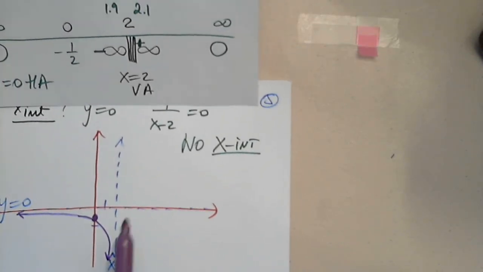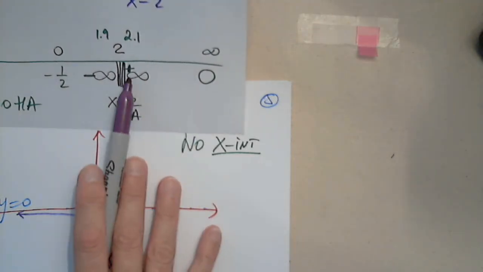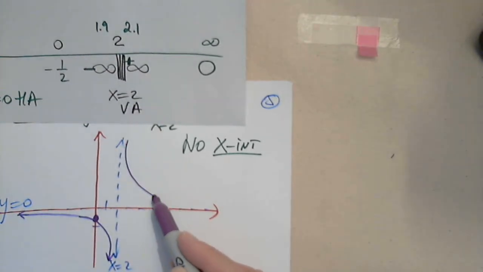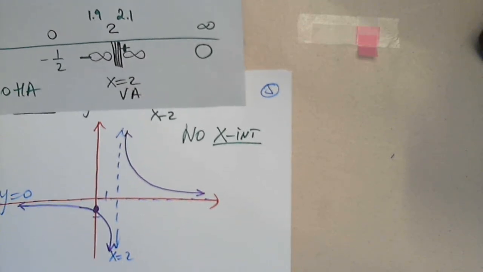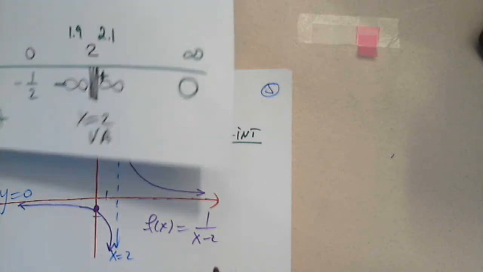On the right-hand side, very clear, from positive infinity dropping to 0. And this is it. So this is the function 1 over x minus 2.